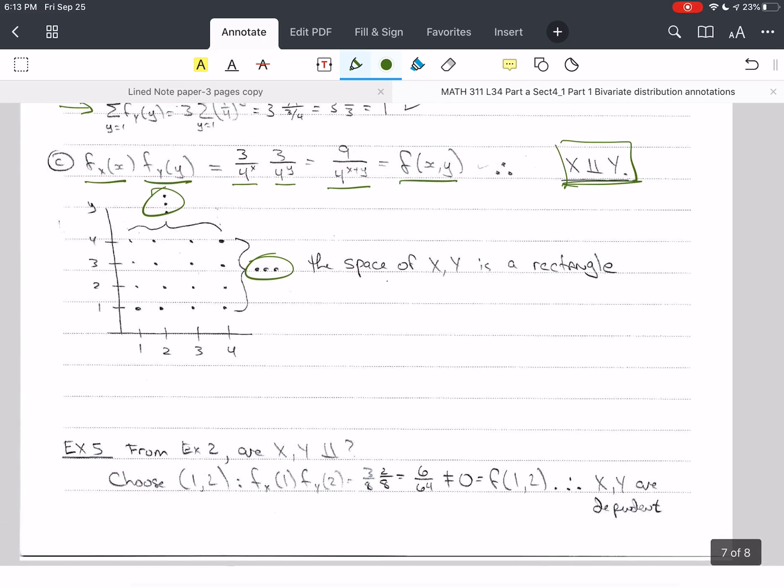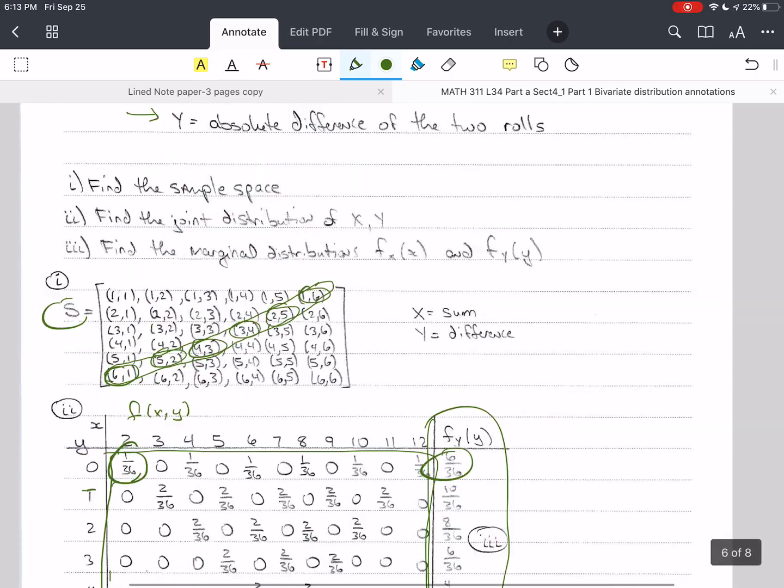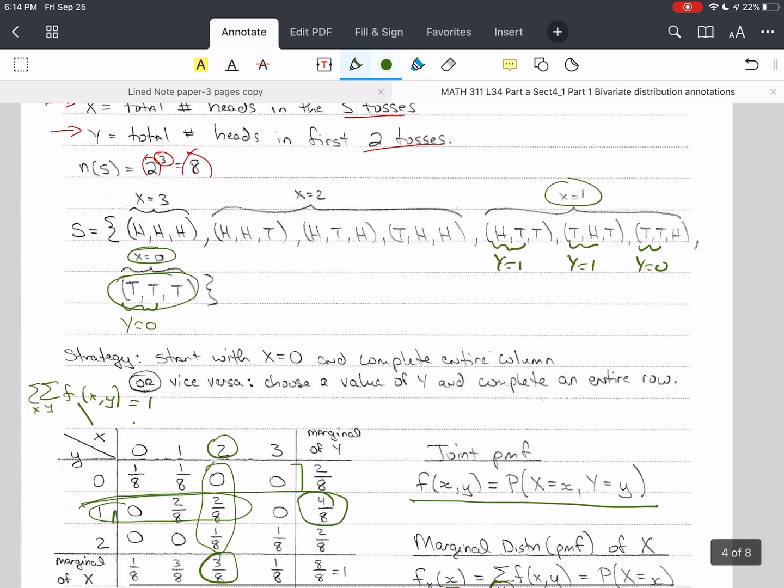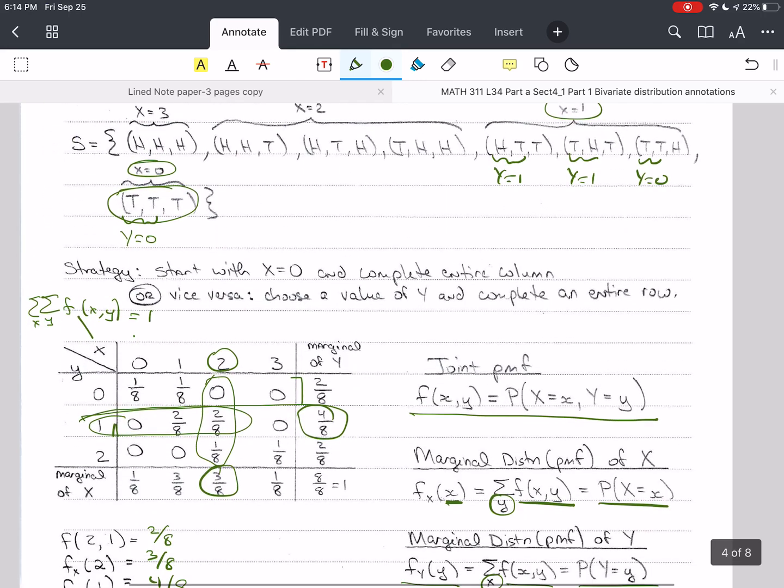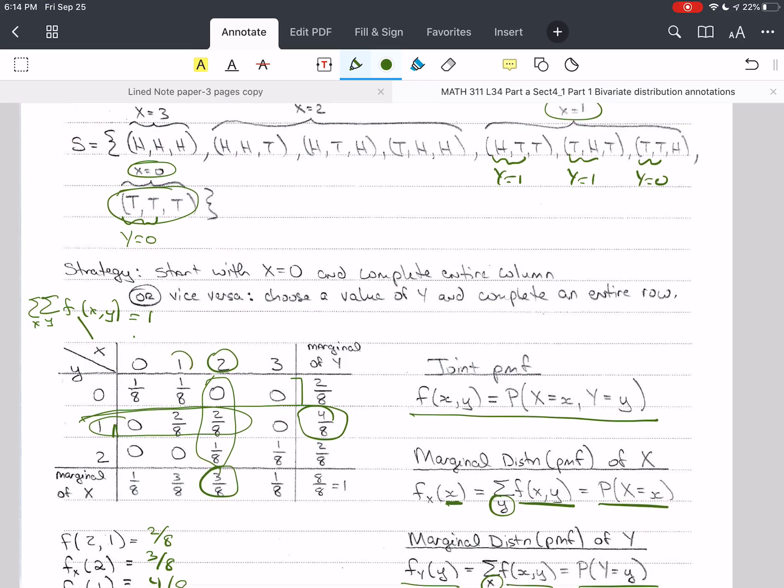Next time we'll look at the remarks to see about the independence. Okay, so look at this. We went from example 2, are x and y independent? I chose f of 1, 2. This is example 2. I'll scroll up quickly. Example 2. So 1, 2. Here's 1. Here's 2. That was 0. 1/8.